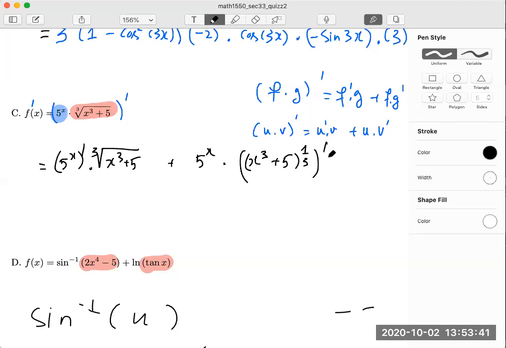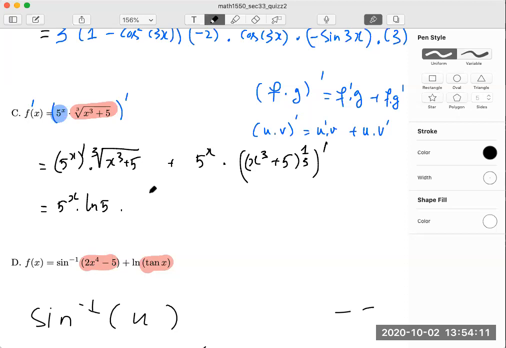Are we good? Then ask ourselves again, do it slowly. 5 to the something, take the derivative, which gives us, what is it? Five to the x natural log of 5. Okay, just the formula. Apply it here.